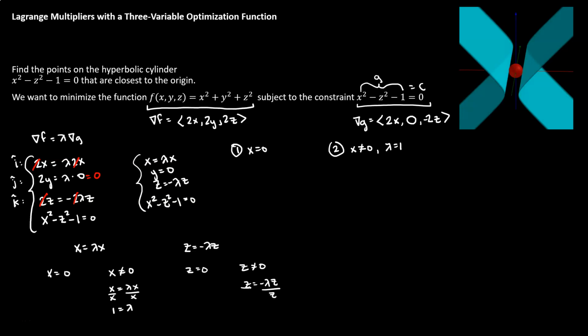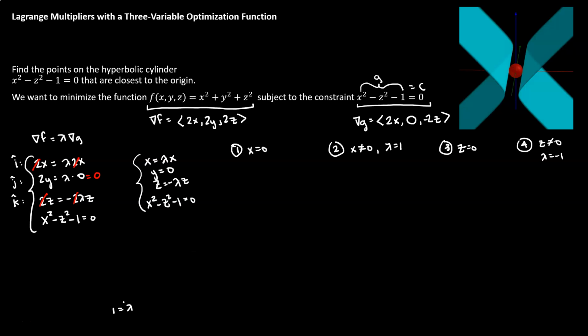Divide both sides by z. We get negative lambda equals 1, or rather that lambda equals negative 1. So we have a third case and a fourth case. Case 3 is that z equals 0. And the fourth case would be that z does not equal 0, but that lambda equals negative 1.